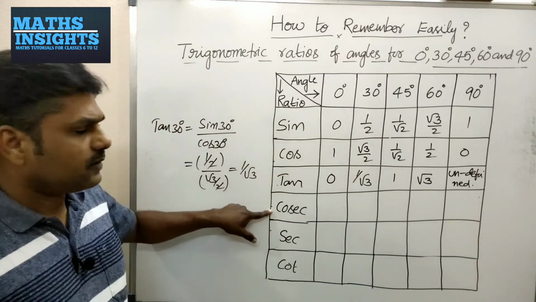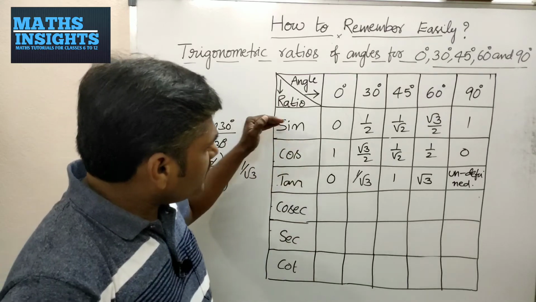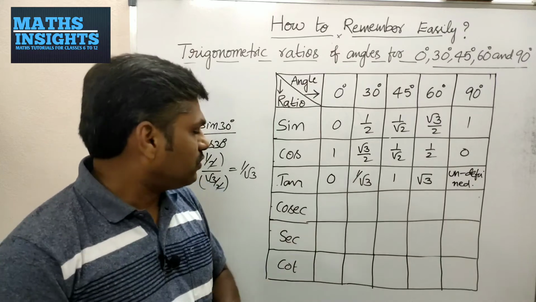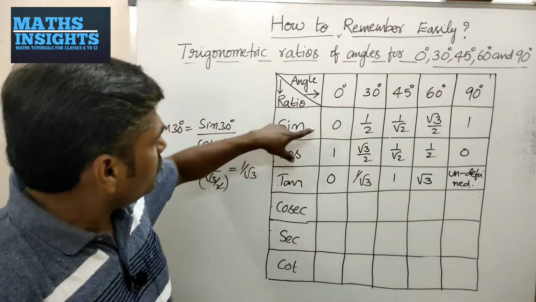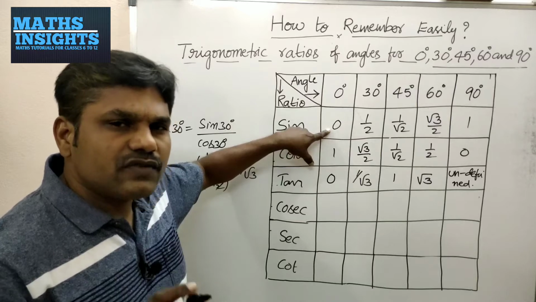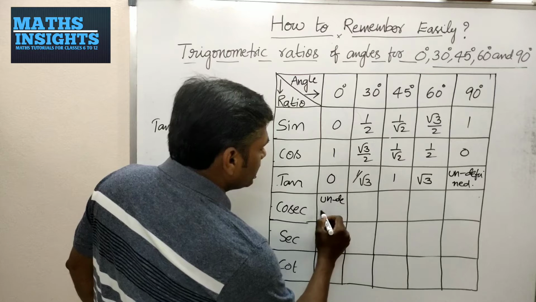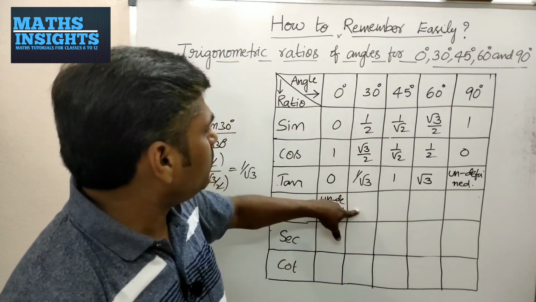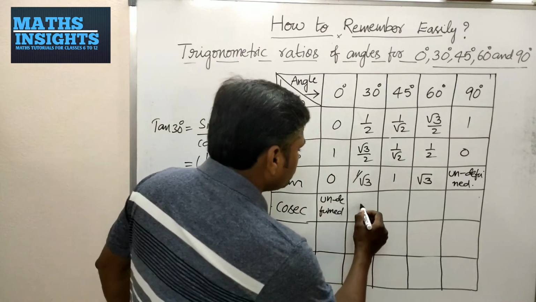Next, coming to cosecant. Cosecant is the reciprocal ratio of sine. If you know sine values for all these angles, it is very easy to know cosecant values. Cosecant 0 is 1 by sine 0, which is 1 by 0, and division by 0 is undefined. Cosecant 30 is 1 by sine 30, so 1 by 1 by 2 will become 2.